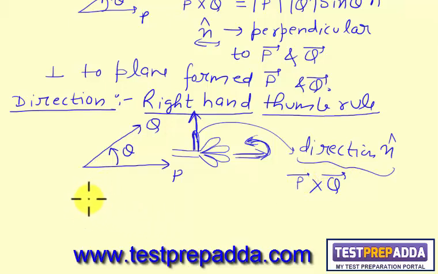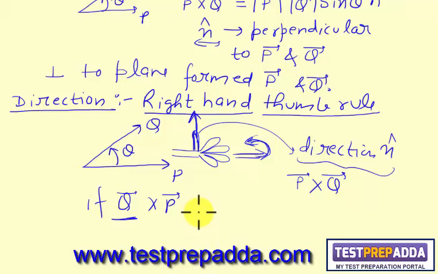But if it is Q cross P, then you have to put your stretched right palm perpendicular to the plane in such a manner that fingers are along vector Q, because now your first vector is Q. Now if you close your fingers, the fingers will move towards P, and your thumb in that case will be where?